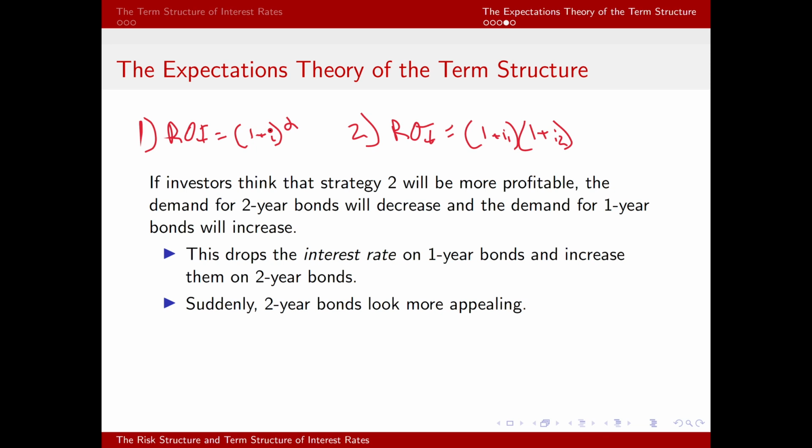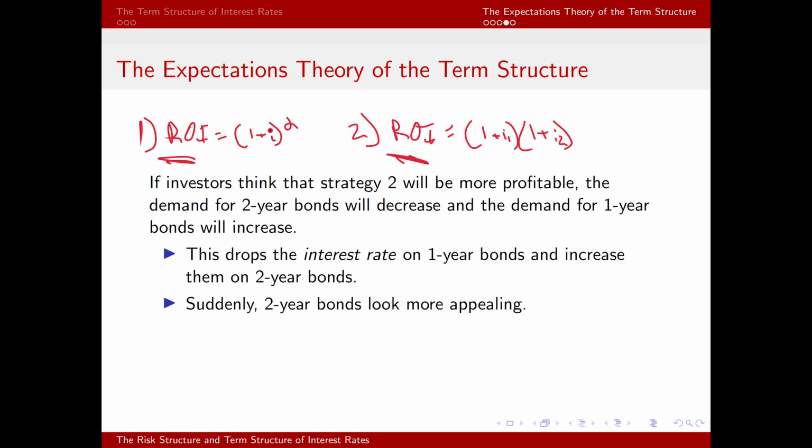Well, if you think that strategy 2 is going to give you a net higher interest rate, then you should go with that. However, if you think that strategy 1 is going to give you a higher ROI, you should go with that. And the assumption is that under perfect information in the market, investors all know this. And remember, we assumed that investors are also agnostic as to which strategy they prefer. They only care about what the ROI is.